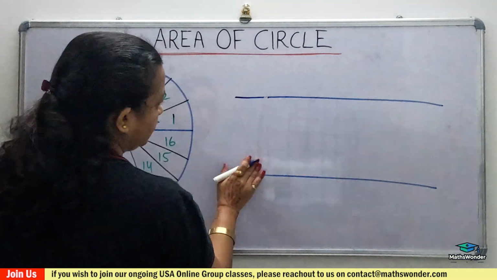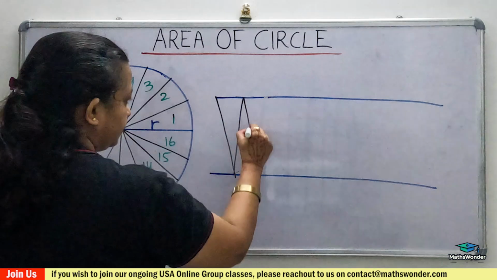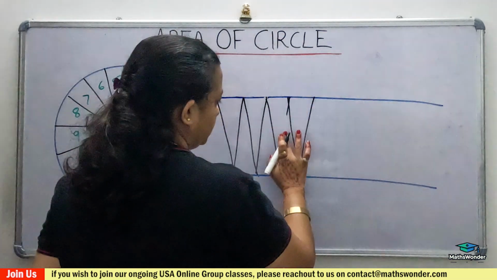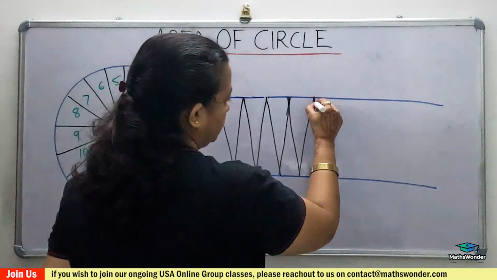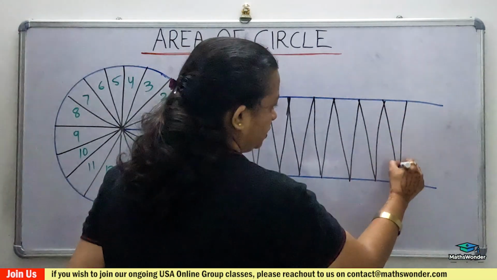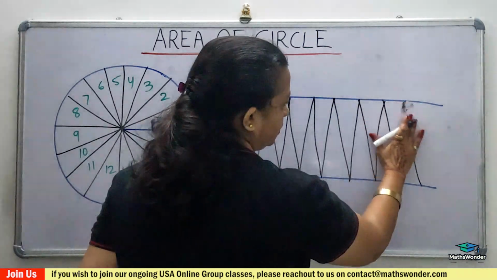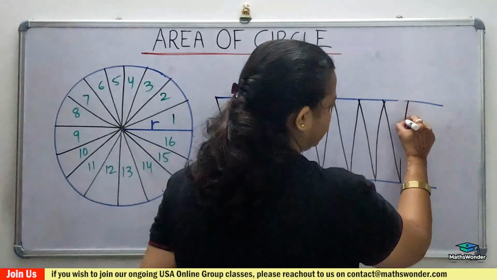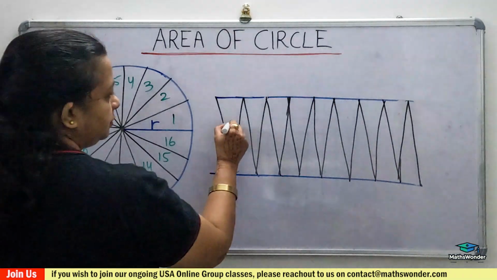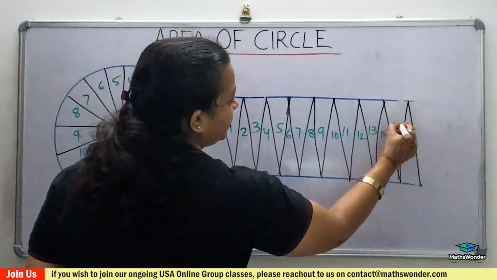And now see, 1, 2, 3, 4, 5, 6, 7, 8, 9, 10, 11, 12, 13, 14, 15 and 16.